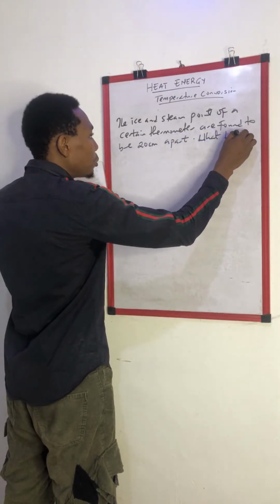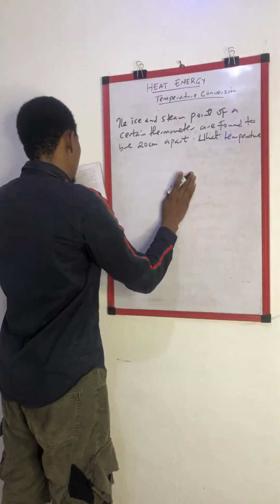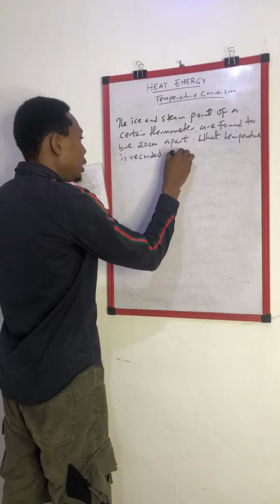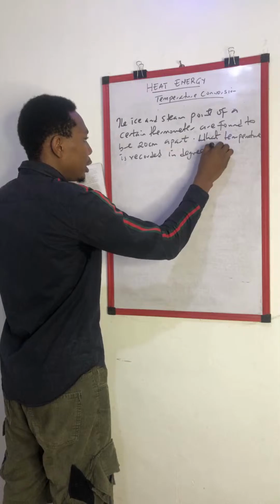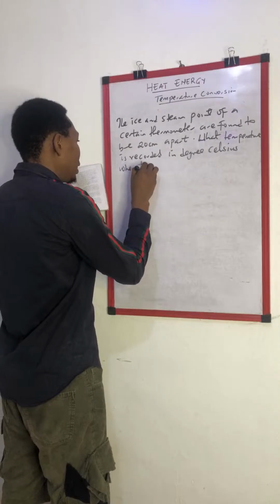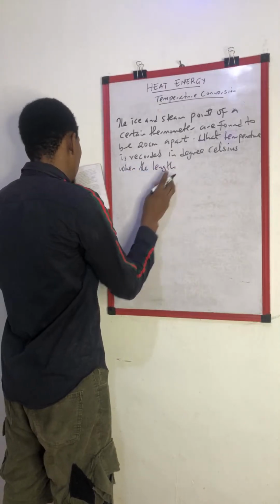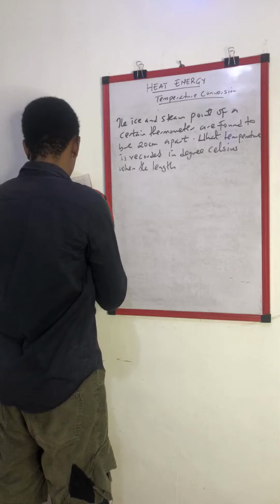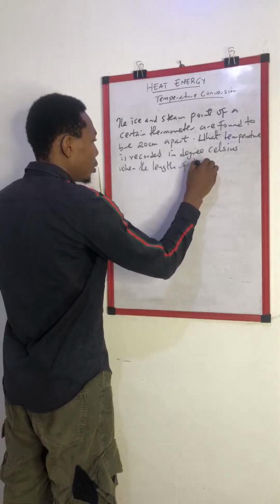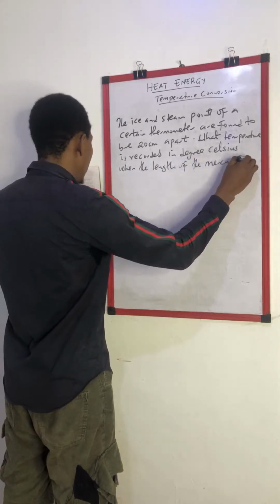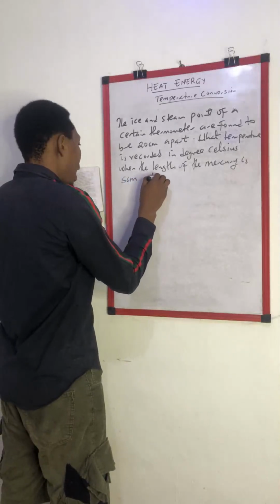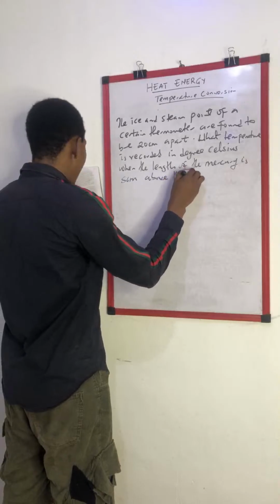What temperature is recorded in degrees Celsius when the length of the mercury is 5 centimeters above the ice point mark?